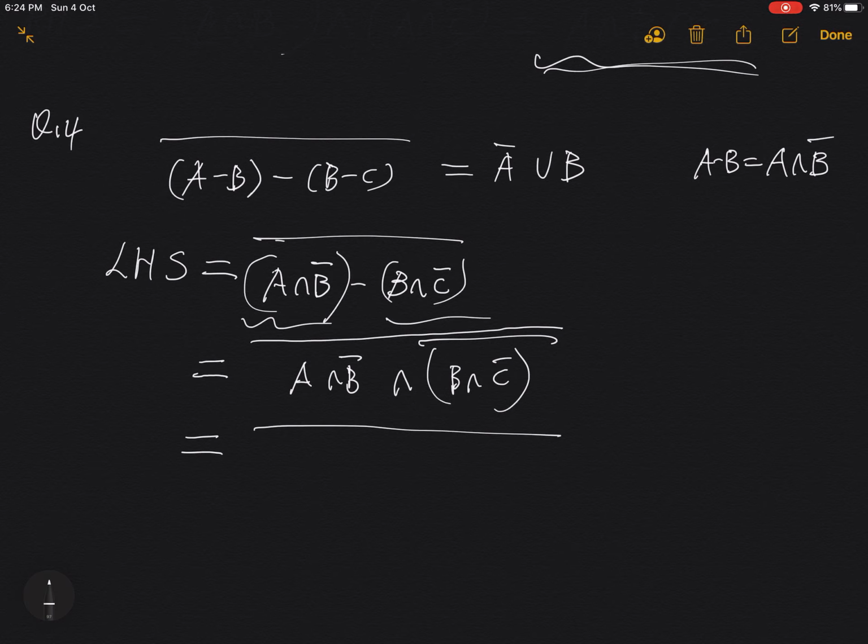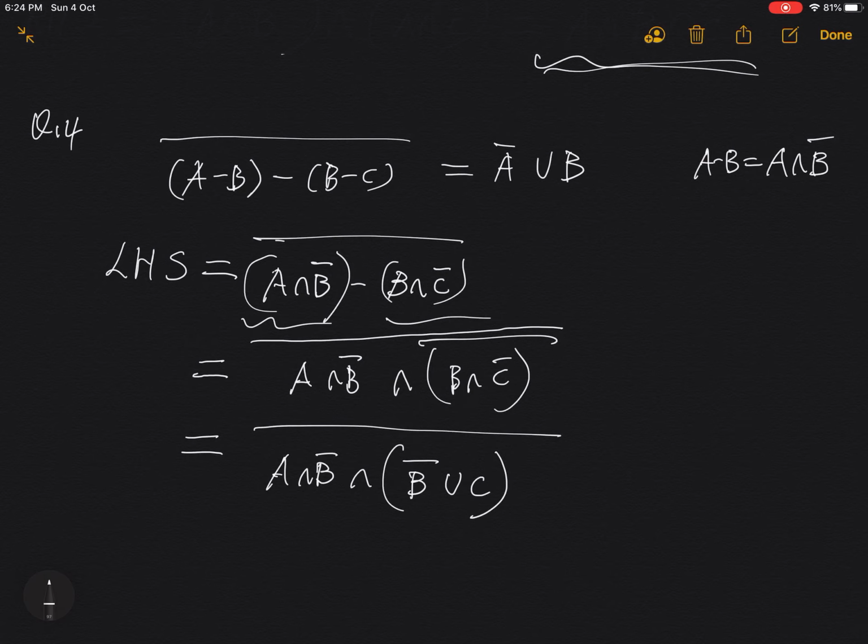We have a big complement outside, and then it's B complement, and then the intersection will become a union, and then the double complement is itself.